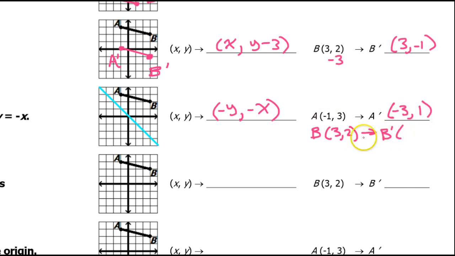Now for B prime, opposite of y, opposite of x. The opposite of y is negative 2. The opposite of x is negative 3. Let's plot these points. So negative 3, 1 is right here. And negative 2, negative 3 is right here.